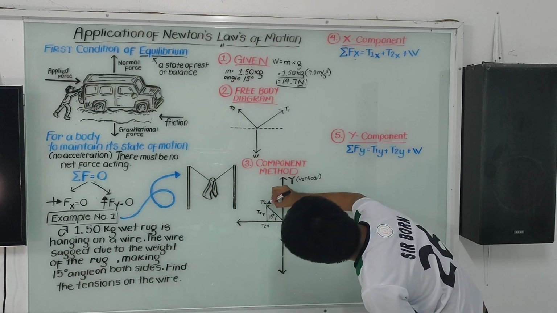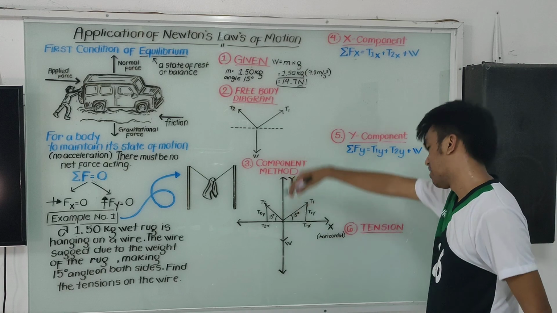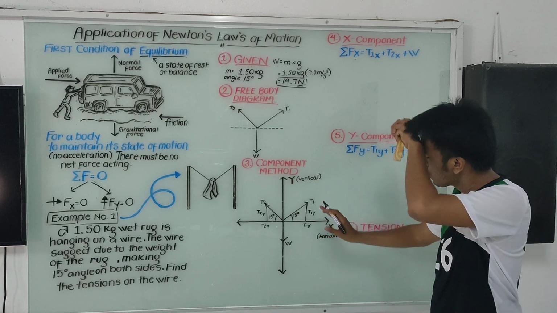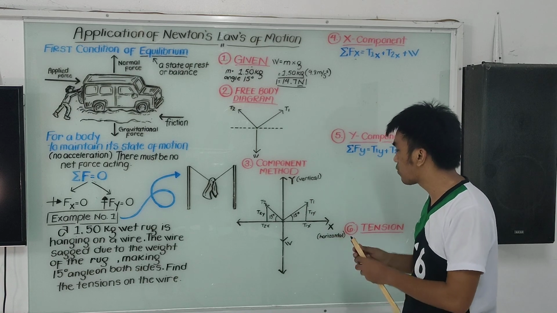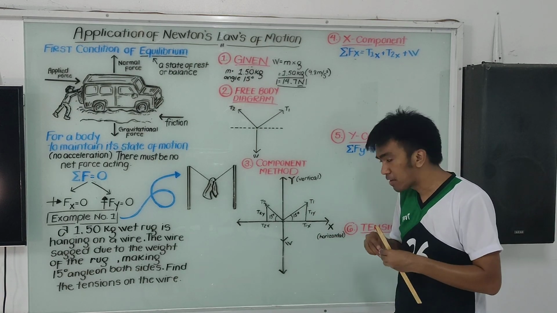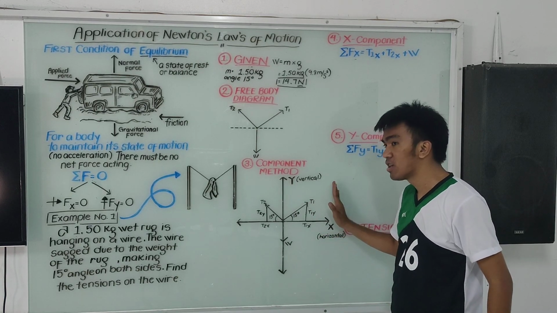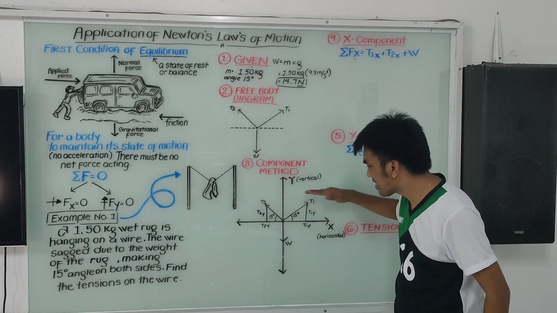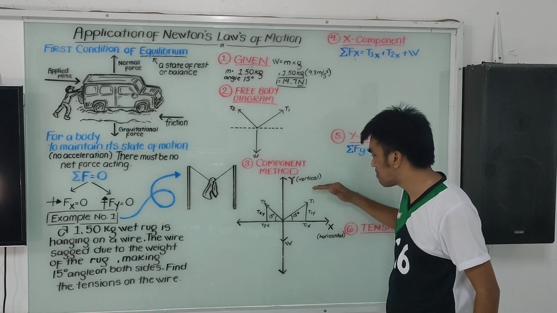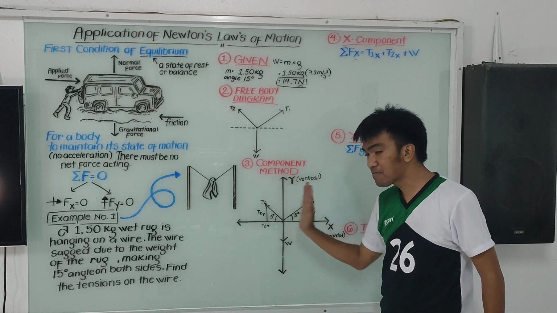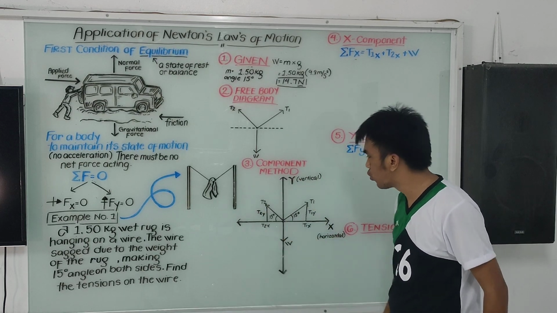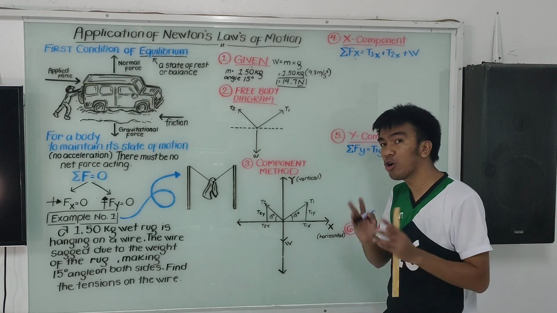It's not balanced, but anyway. In the component method, we identified all the components, so x and y components. I repeat, the right side is labeled as our tension 1. The left side will be our tension 2.